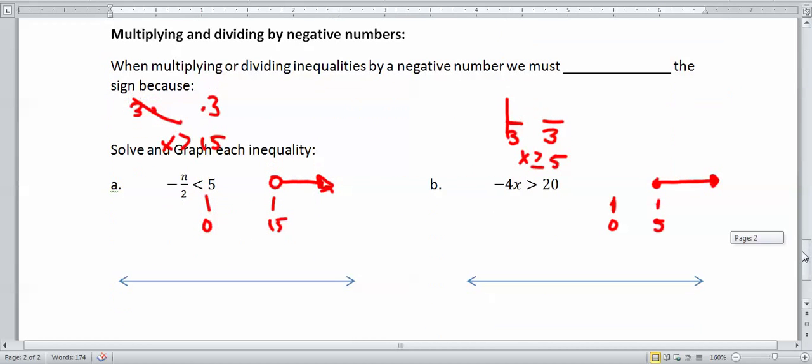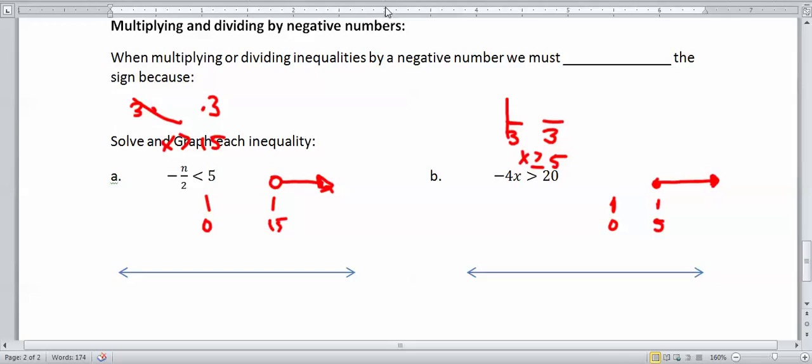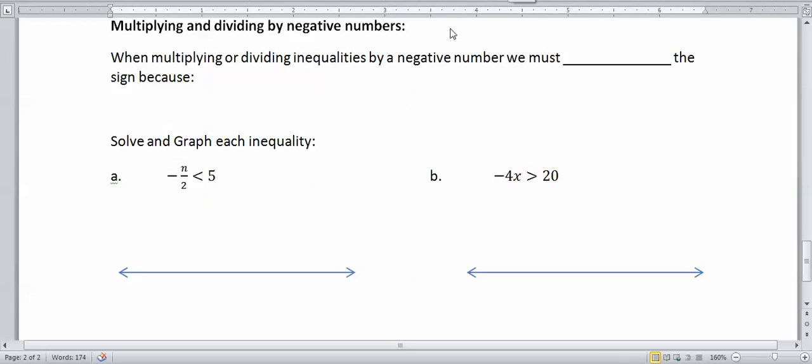Alright. There's one special case with inequalities that isn't the same as with equalities, and that is that if I multiply or divide an inequality by a negative number, we must flip the sign. Okay, and the reason for that is this: watch, if I say 10 is greater than 5, this is true, correct?